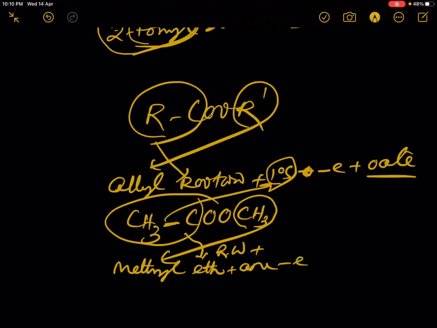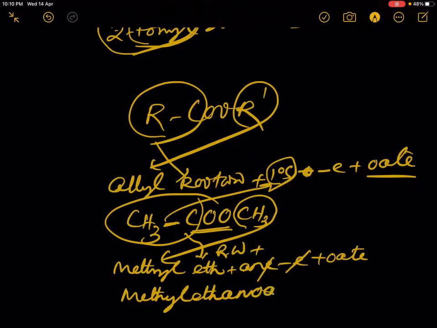For ester, the suffix is oate. So e cancelled, then the name would be methyl ethanoate. Methyl ethanoate.